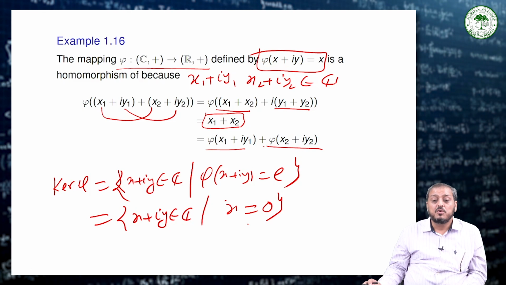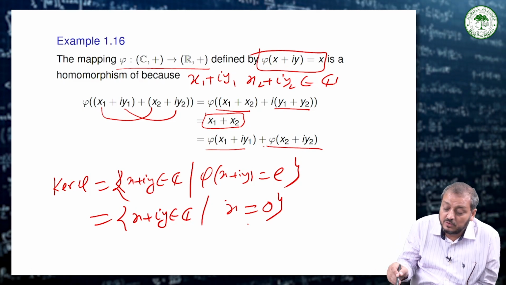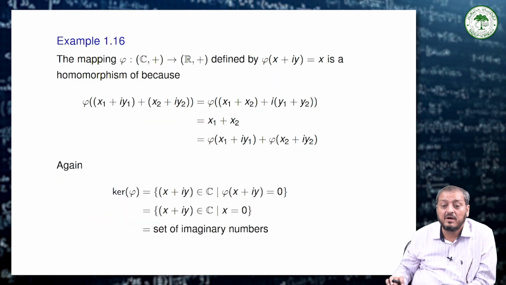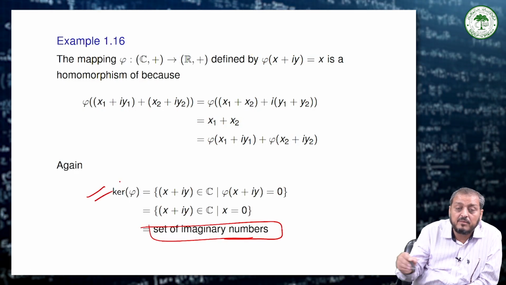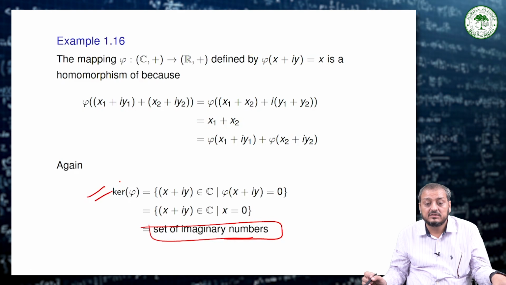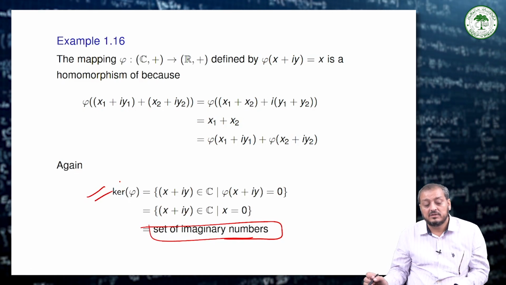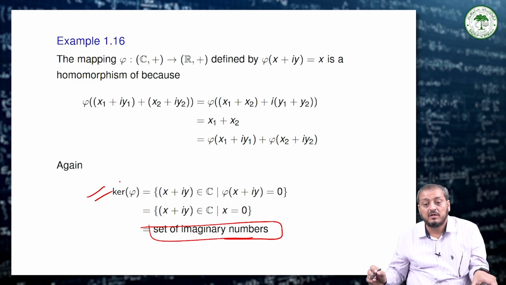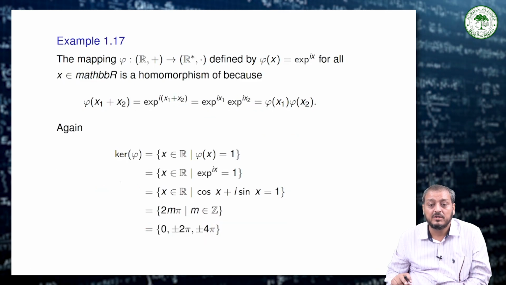So this means all the elements with x equal to 0, then the kernel is simply all the imaginary part. So this means the set of imaginary numbers is the kernel of this set. We can simply say that the kernel of this set is the set of all imaginary numbers.